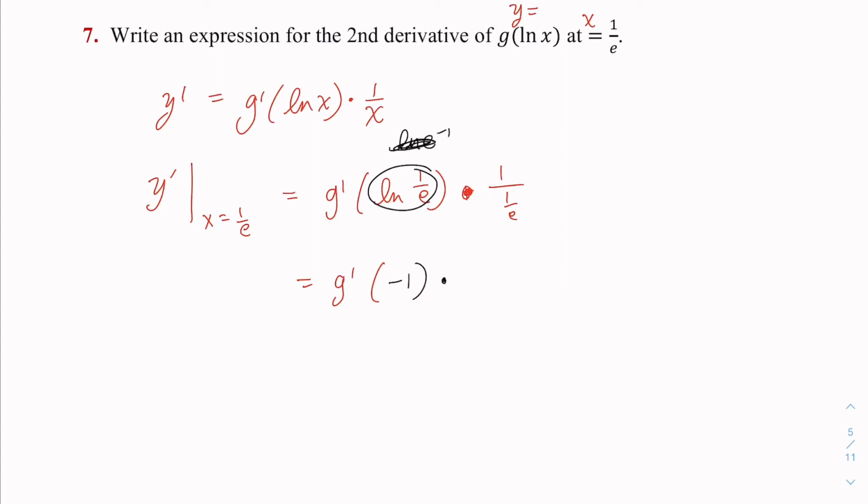And then 1 over a fraction is always just going to become the reciprocal of the denominator, because it's 1 over 1 times e over 1, which becomes e. So you can simply just take the reciprocal without doing that math. And so our final answer is e times g prime of negative 1. Need my left-hand side, and we're done.